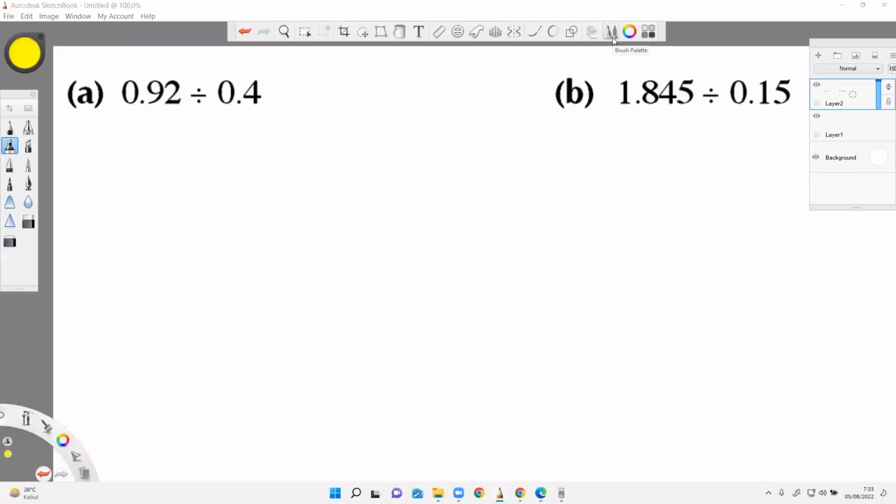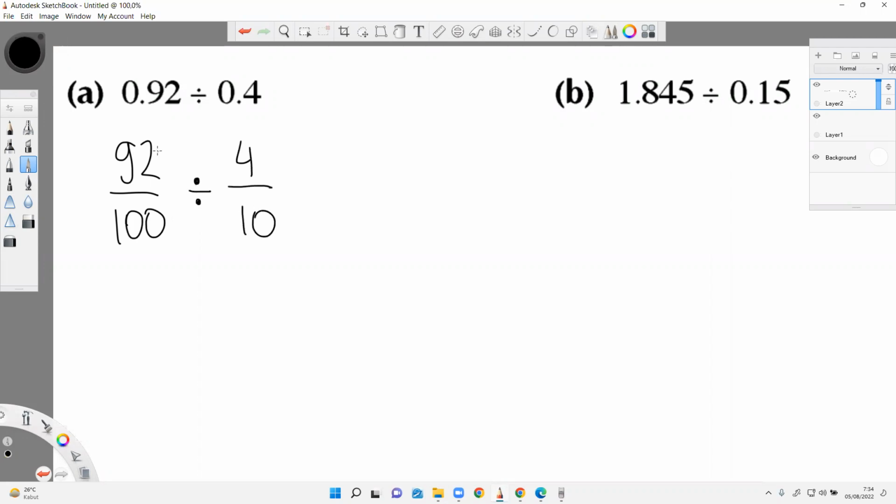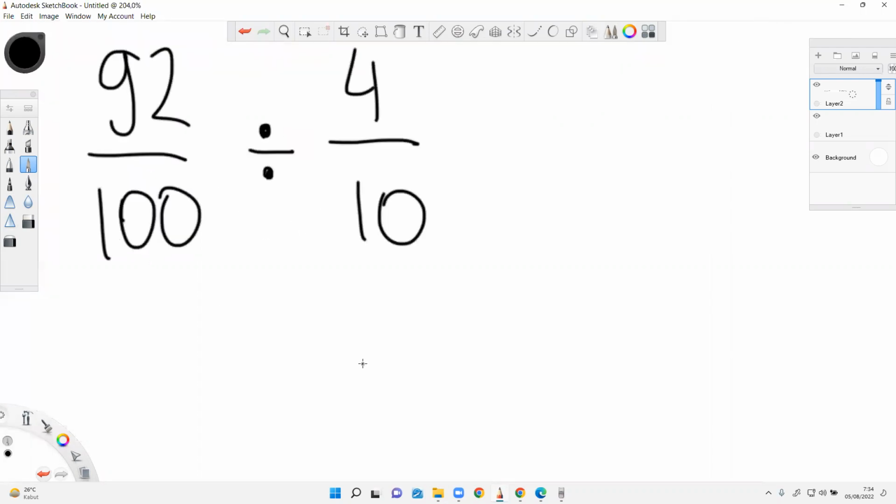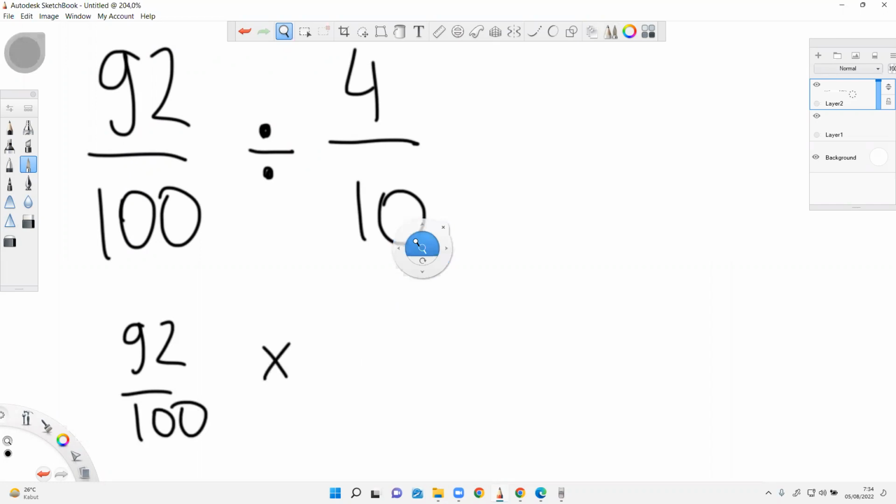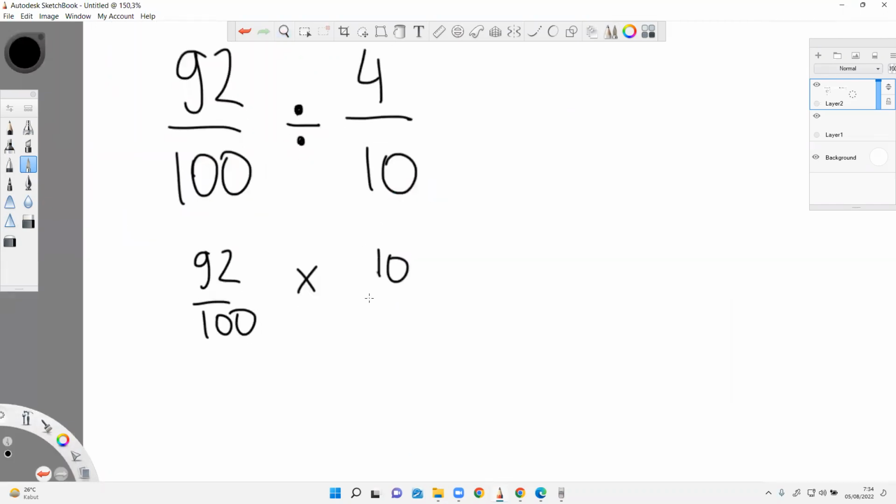Now we're going to go for division of decimals, right? Again, it's the same rule. What do you do? Make the decimals into fraction form. 92 over 100. You divide by 4 over 10. So 92 over 100, you multiply by 10 over 4.